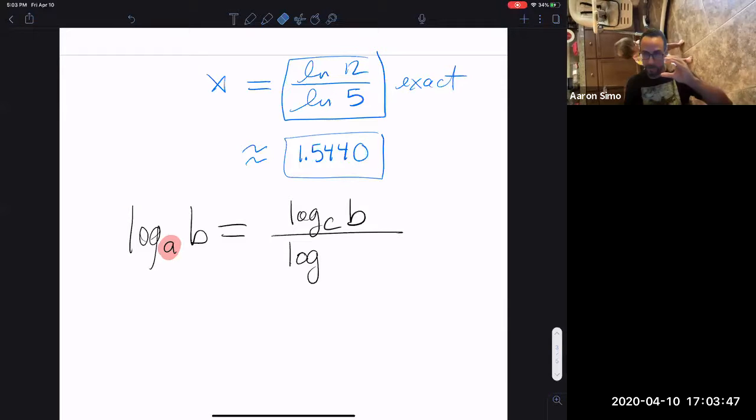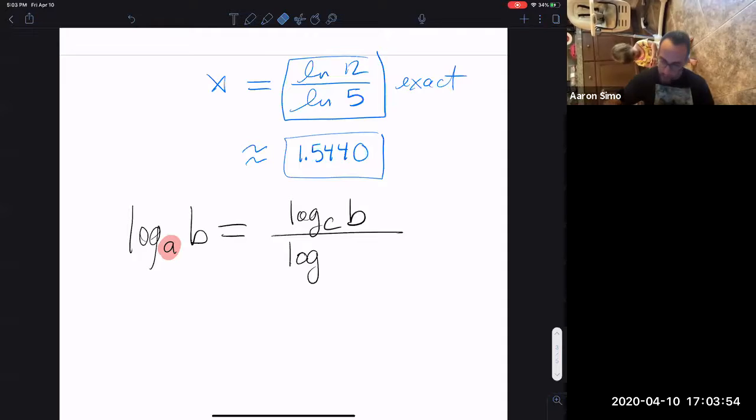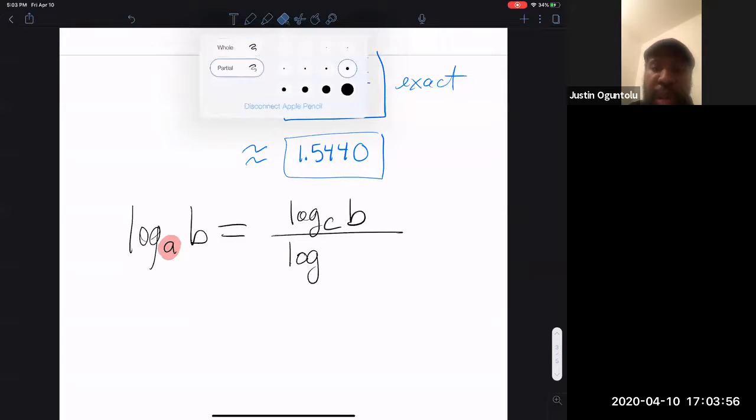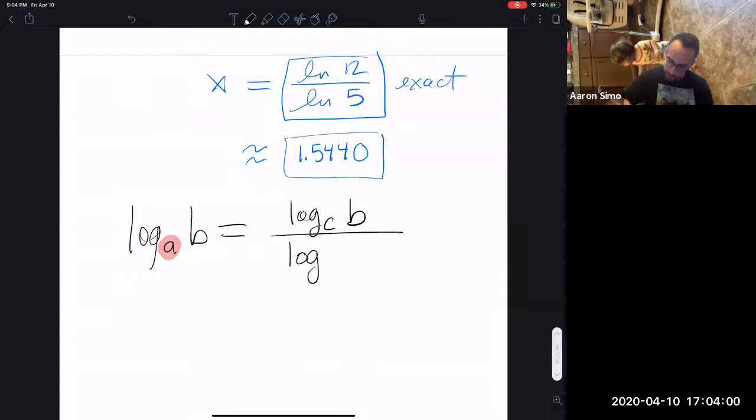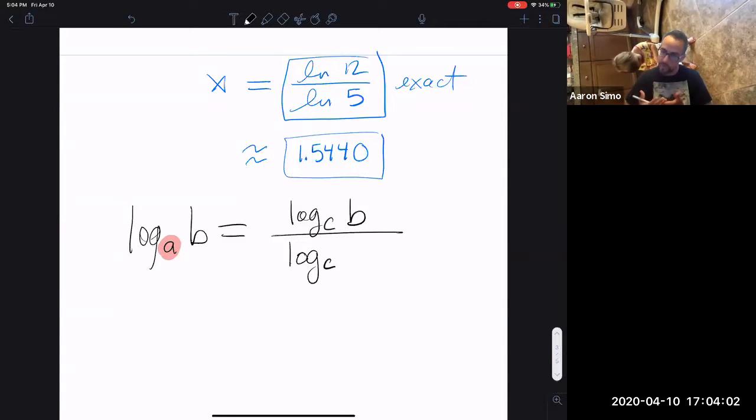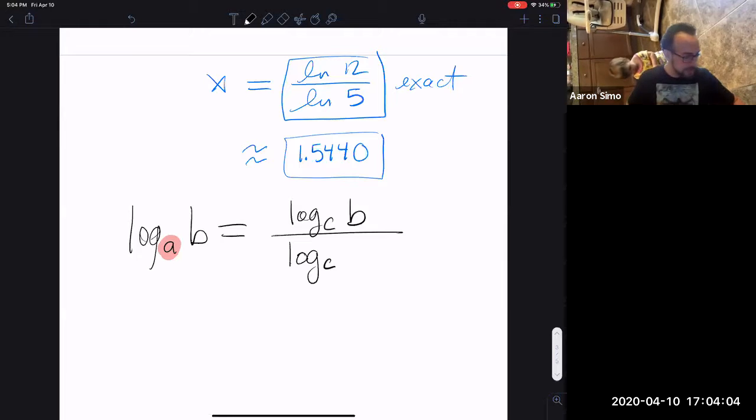So what's the denominator? Log base C. Correct, because we're converting the base to some base, maybe base C.